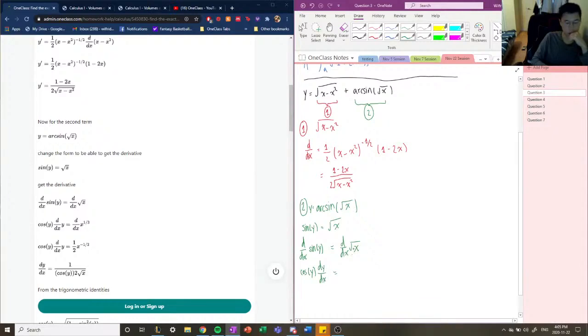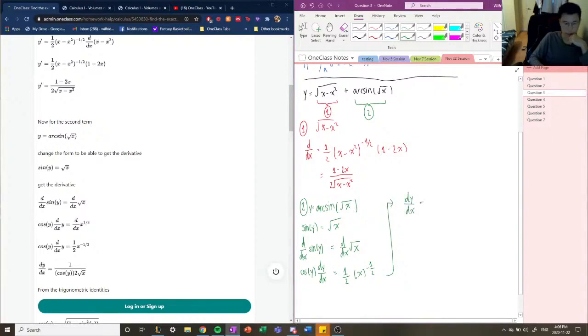We're also going to apply the chain rule here. So it's going to be 1 over 2 times x to the power of 1 over 2. Okay. So we're going to isolate for dy/dx now.